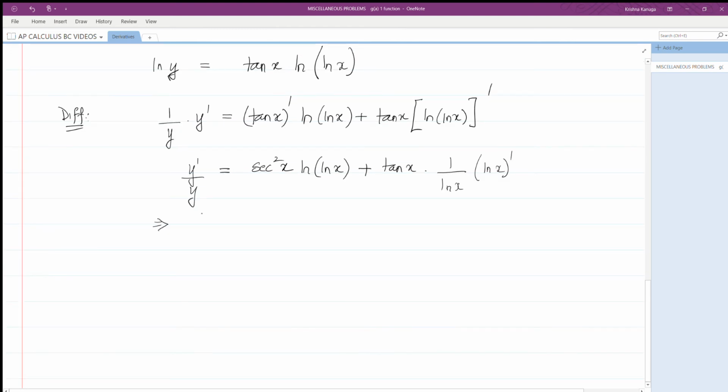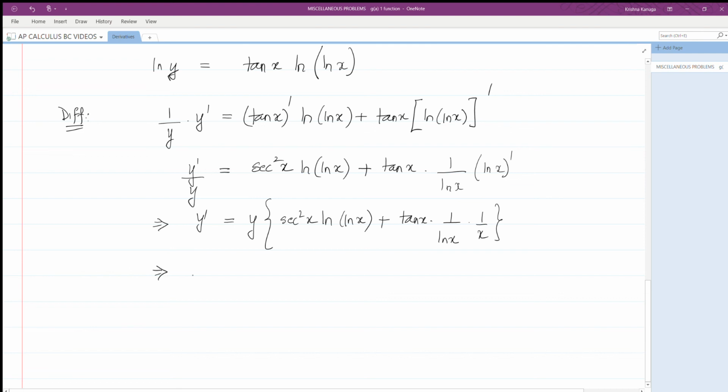So all this becomes y prime equals y times secant square x ln of ln x, which is all taken care of, plus tan x times 1 over ln x times the derivative of ln x, which is 1 divided by x.